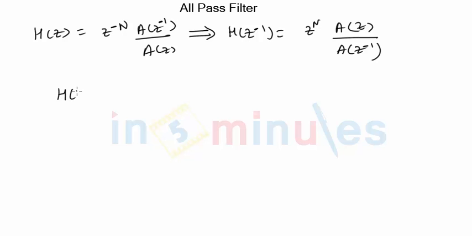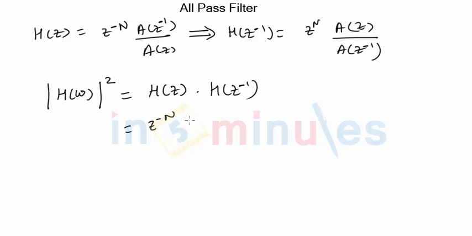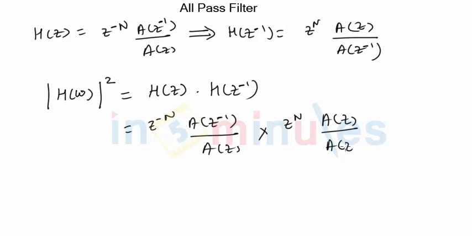Now why did we find h of z inverse? That is because magnitude square function mod h of omega square can also be defined as h of z into h of z inverse. So if I do that, h of z is z raised to minus n into a of z inverse upon a of z, into h of z inverse, which is z raised to n into a of z upon a of z inverse.